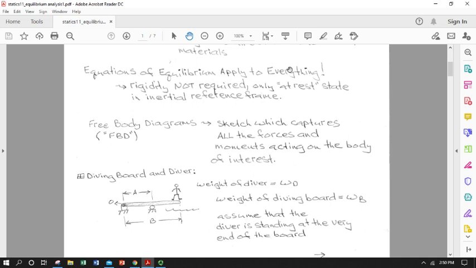They apply to everything, and it's important to know that you can have something that's not rigid, like some piece of putty, and put that in static equilibrium. So its entire body, its center of mass, for instance, is not accelerating. It's not undergoing rotational acceleration. It could still deform, so it doesn't have to be rigid to be in static equilibrium.